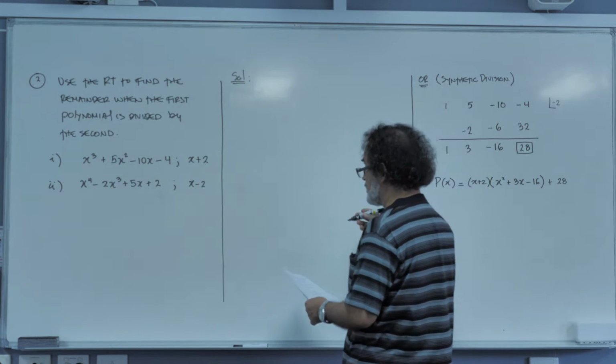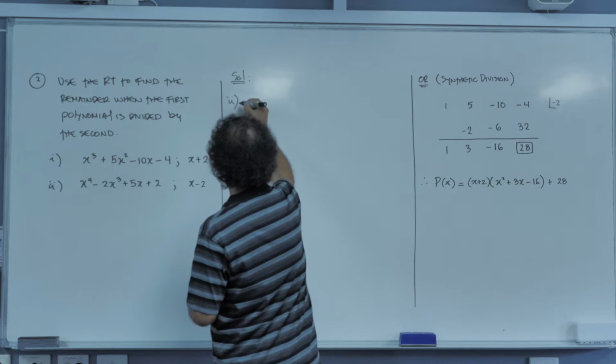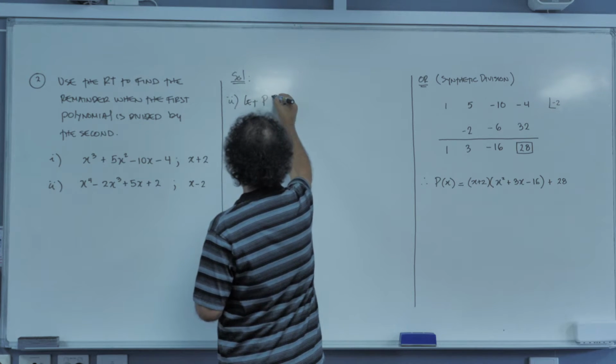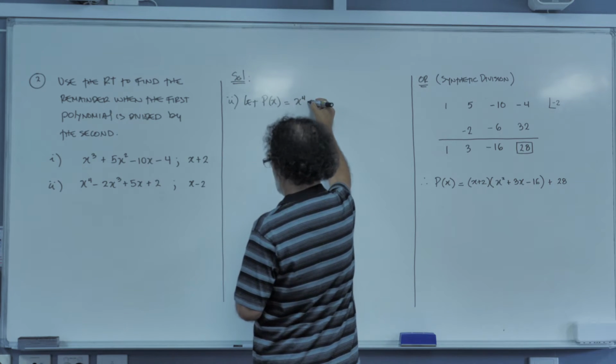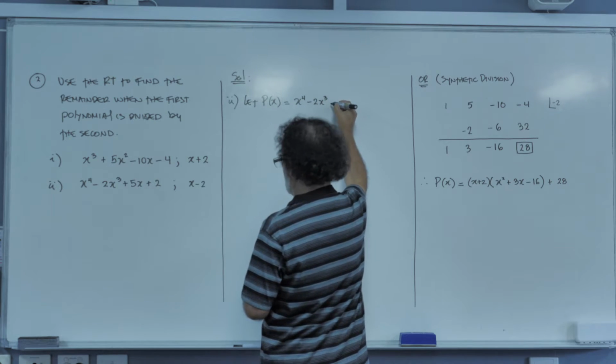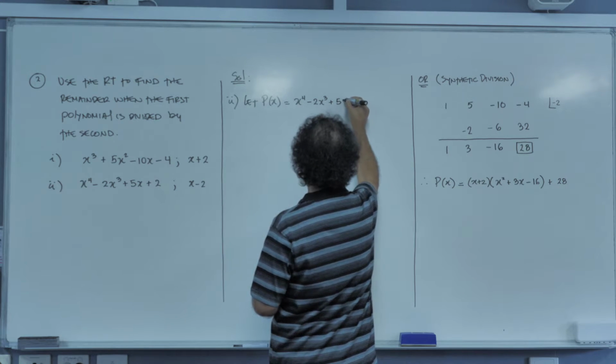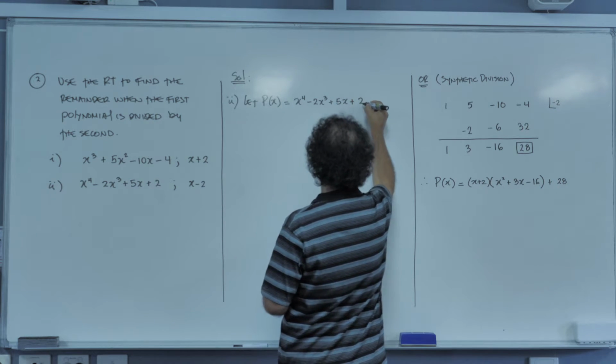All right, so for the second one, I'm going to say let P of x equal x to the power 4 minus 2x cubed plus 5x, and then plus 2.